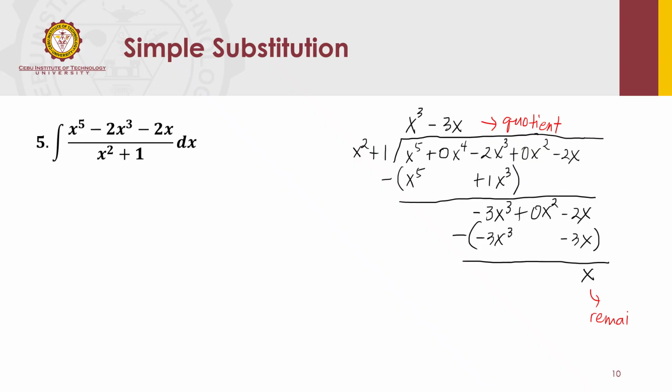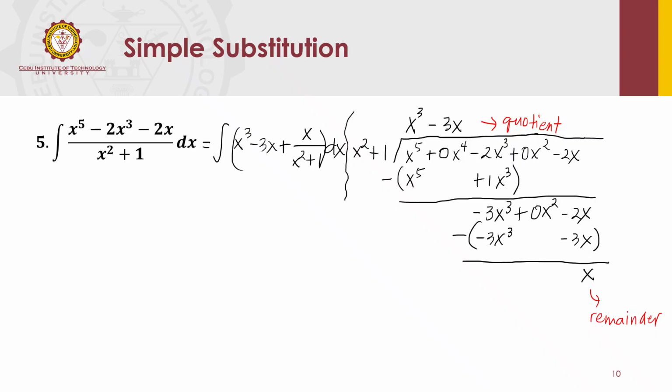So when we write this there to the left, we have the integral of x cubed minus 3x, and then for the remainder, you add it and divide it by the divisor, which is x squared plus 1, dx.